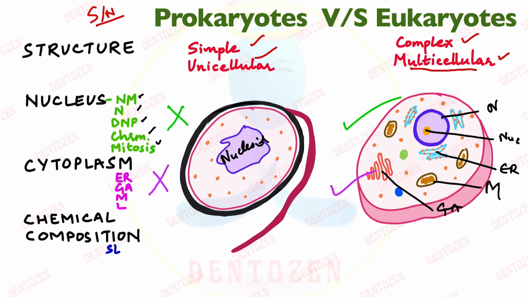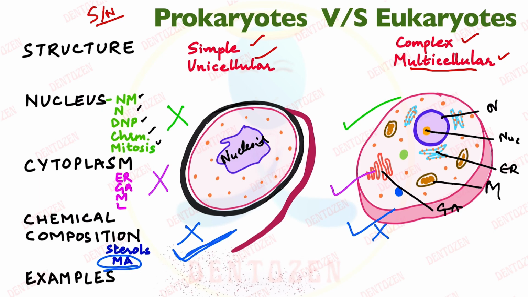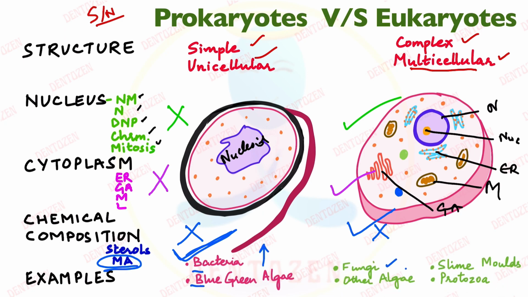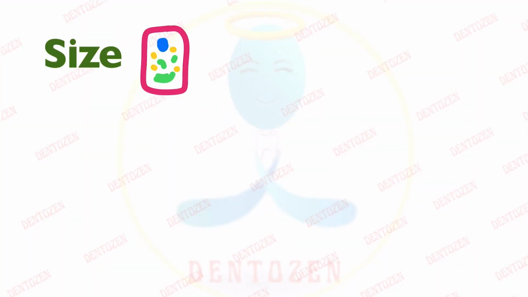Chemically, prokaryotes do not have sterols, but sterols are present in eukaryotes, and muramic acid is present in prokaryotes, which we are going to discuss in further videos, and it is absent in eukaryotes. Then the examples we already know: bacteria and blue-green algae for prokaryotes, and for eukaryotes, fungi, other algae, slime molds, and protozoa. So for your short note on differences between prokaryotes and eukaryotes, you can use these differences and this diagram. Now let's talk about the size.